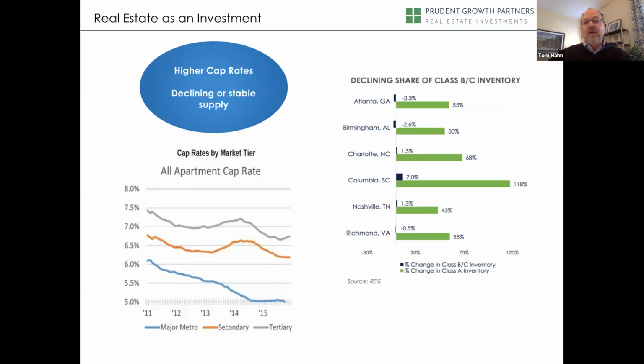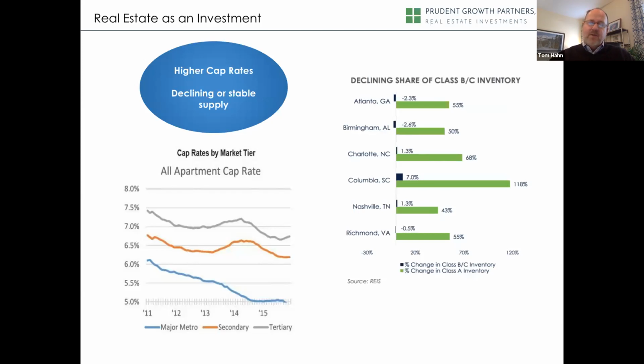So we find for us being buyers, the product availability and the yields in these smaller submarkets are really attractive. It is important, though, to understand those markets, and that's why we're staying close to home by focusing primarily in the Carolinas.